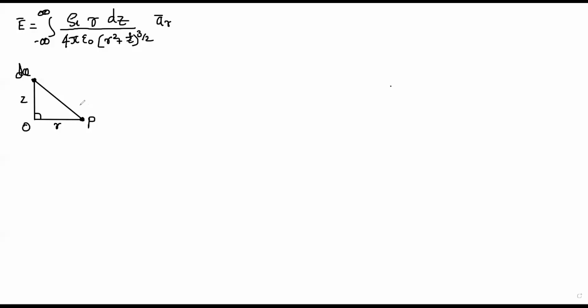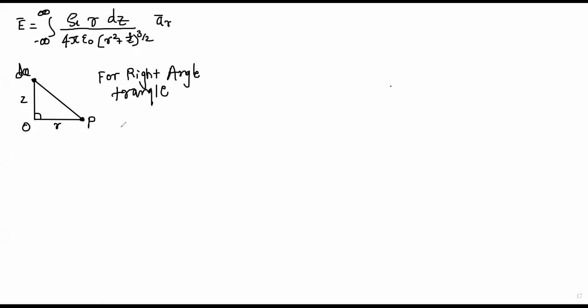Now for this particular case, what can I write for a right angle triangle? If you can remember some mathematics, I will write here tan theta.